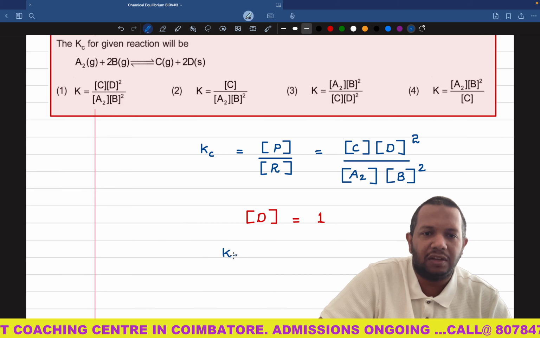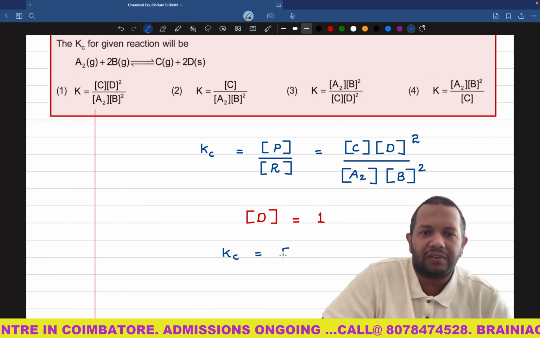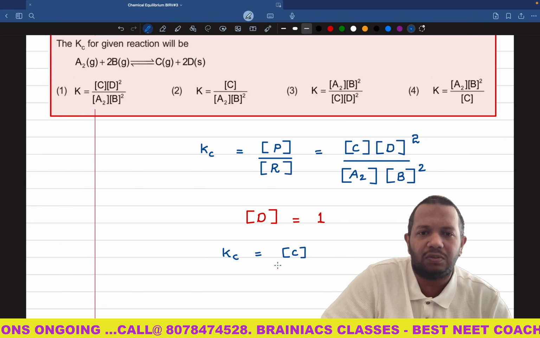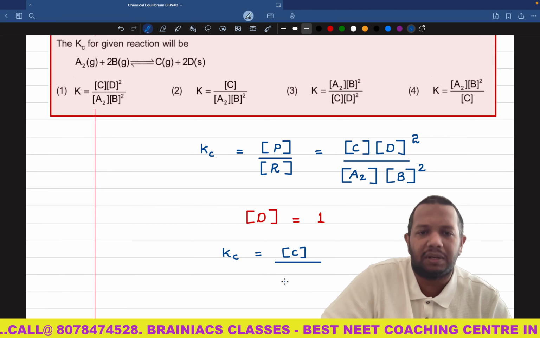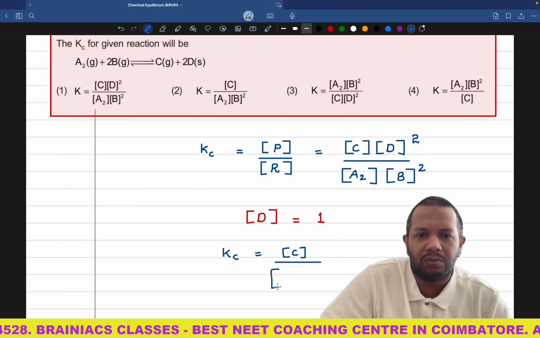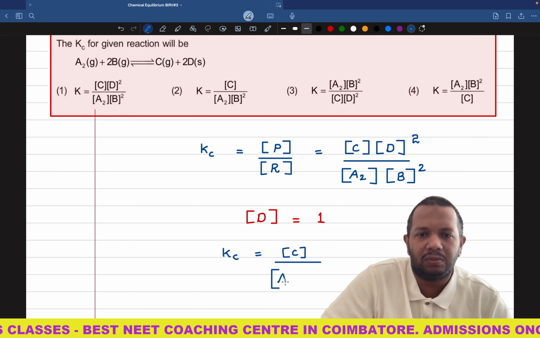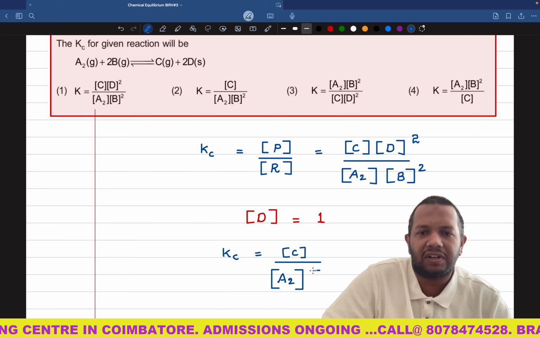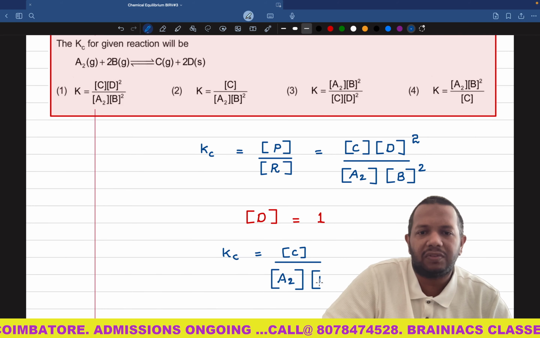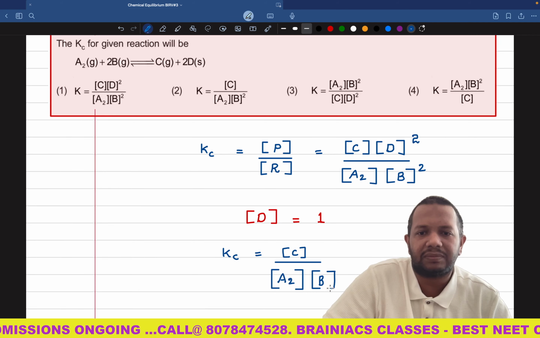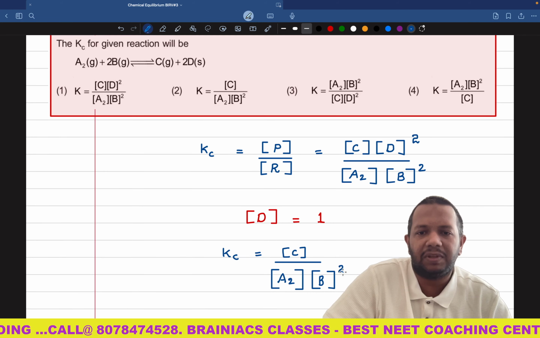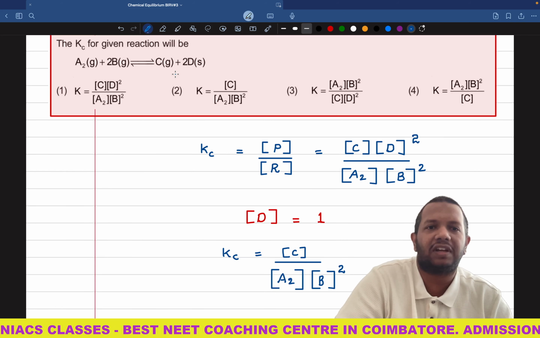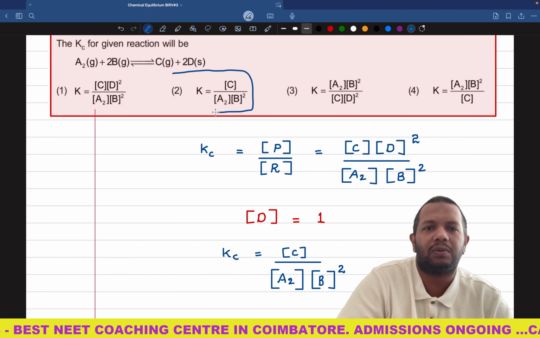The new Kc would be concentration of C into 1, since D is 1, divided by concentration of A2, there is no change because it is also a gas, and concentration of B the whole square, okay. Do we have any option like that? Yes, option 2 looks like the correct answer. So my answer is option 2.